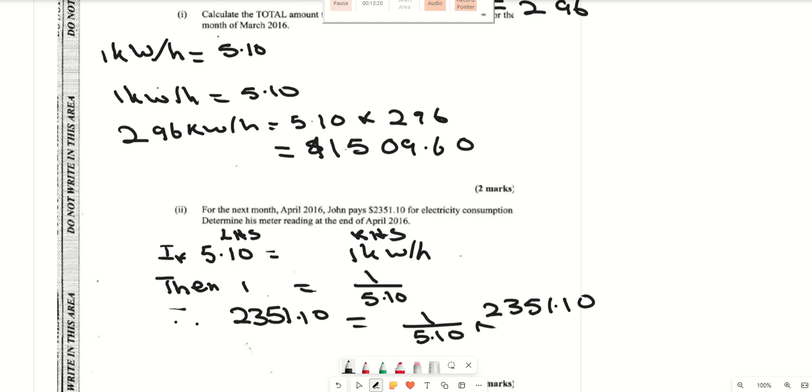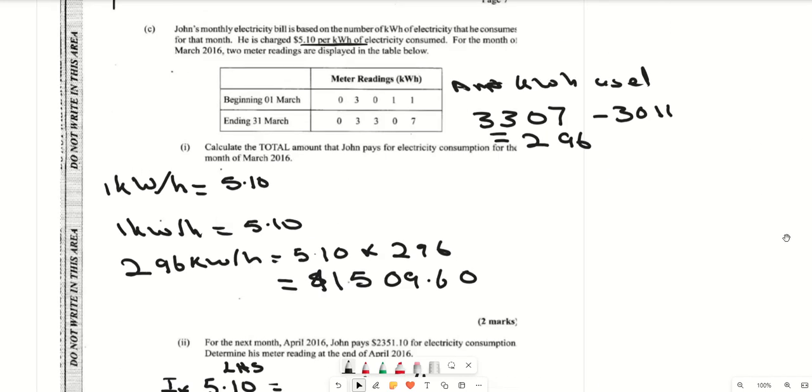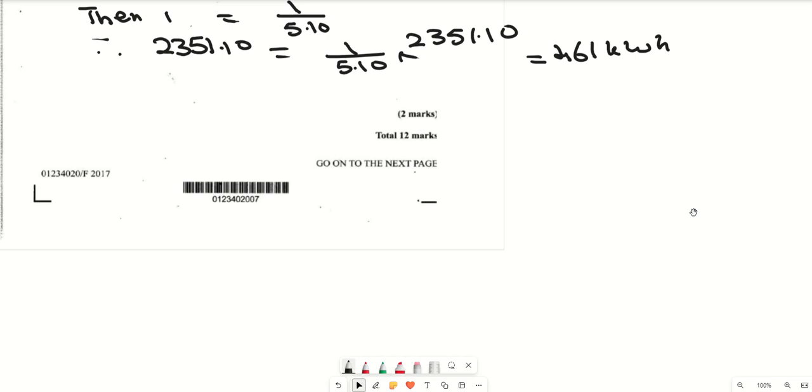Right, so when you divide this, you're going to get an answer of 461 kilowatts per hour. Now at the end of March, his meter was on 3,307. Now if he used 461, his meter would show, hold on, let me just, right.